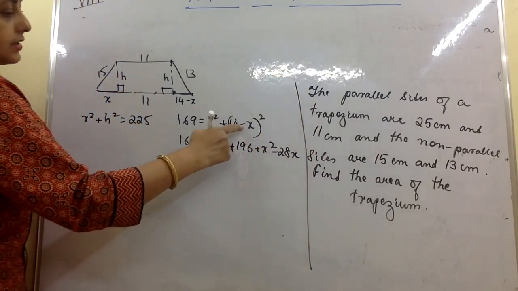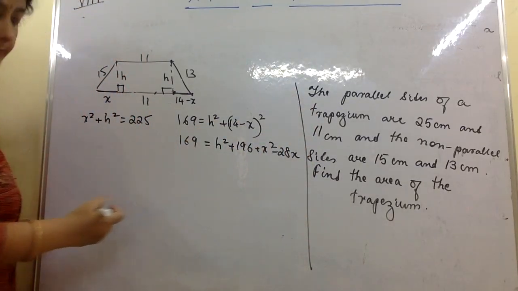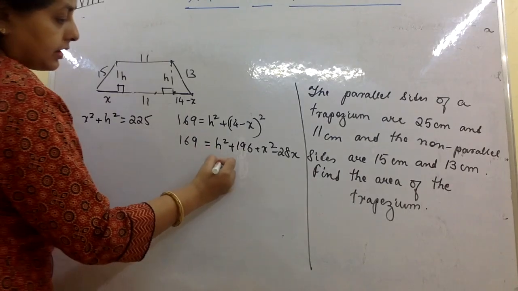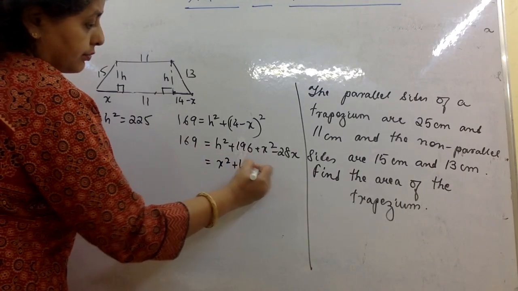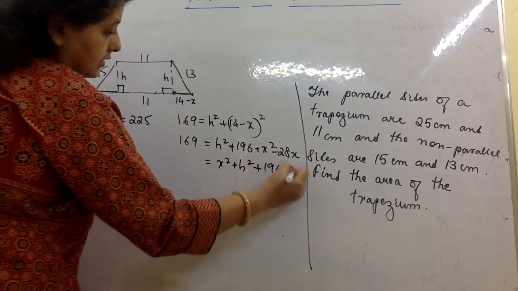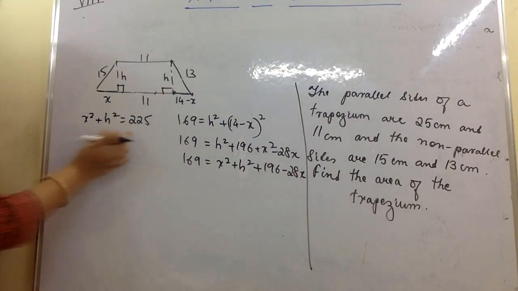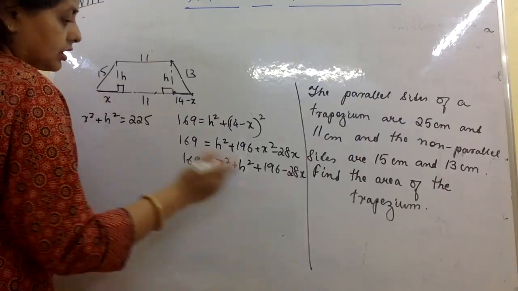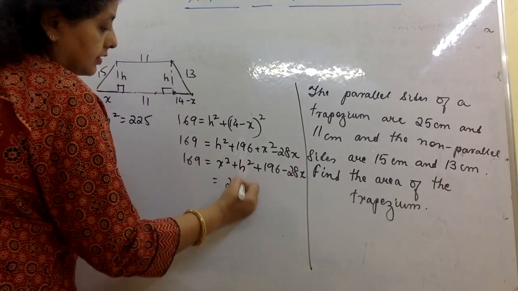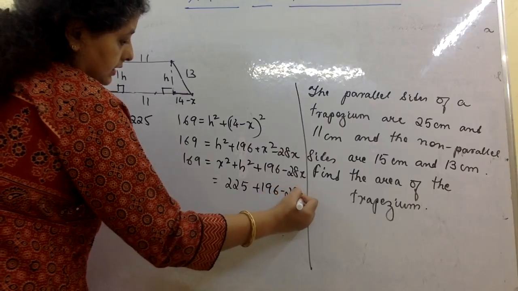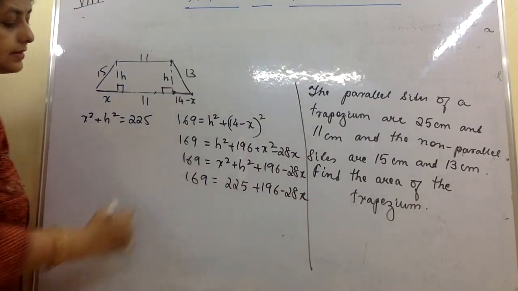Because I am doing a minus b whole square here. Now x square plus h square plus 196 minus 28x is 169. Here x square plus h square is ready from this equation. So I'll put a 225 here, plus 196 minus 28x, this is equal to 169.